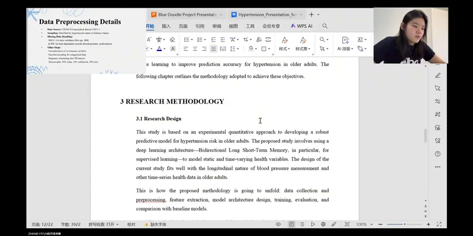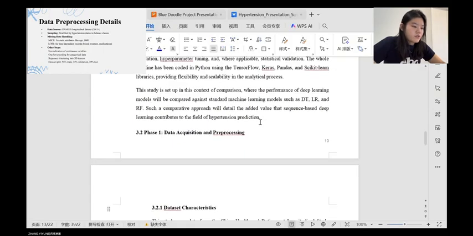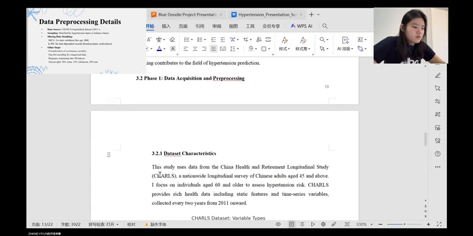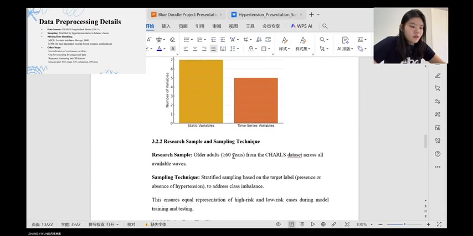As for the research methodology, we have 3 phases. The first one, data acquisition and pre-processing. The dataset we use is CHARLS, and the research sample is older adults from the dataset across all available waves. And we used stratified sampling based on the target label to address class imbalance.